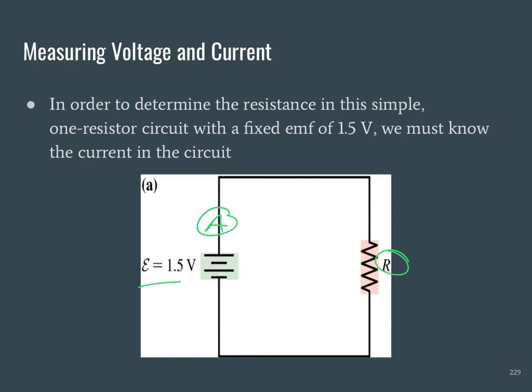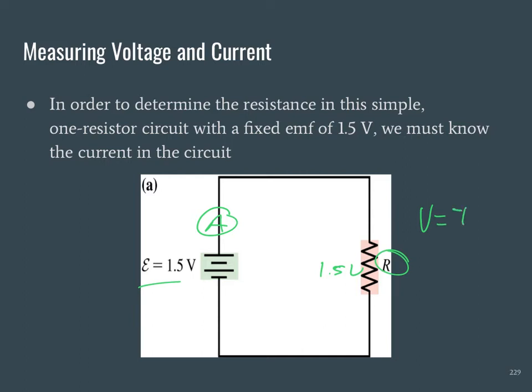Because I know if this is the only resistor, the voltage drop is 1.5 volts. But I don't know anything else about that circuit. So I can use Ohm's law to kind of fill in the gaps. But I need to get the current that's going through the circuit to understand one of the other things.